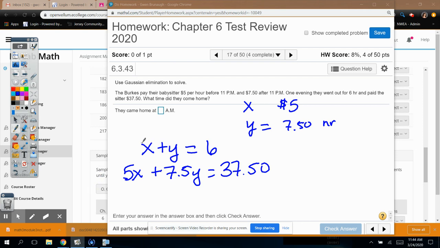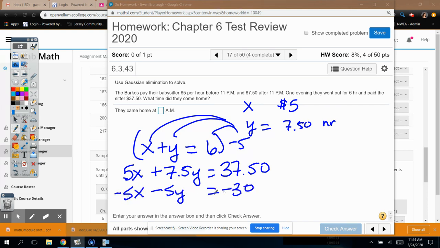Okay, so let's take the whole top times -5. -5x minus 5y is -30. So I have 2.5y equals 7.50. 7.50 divided by 2.50. You guys should be able to do that one in your head. That's going to be 3.